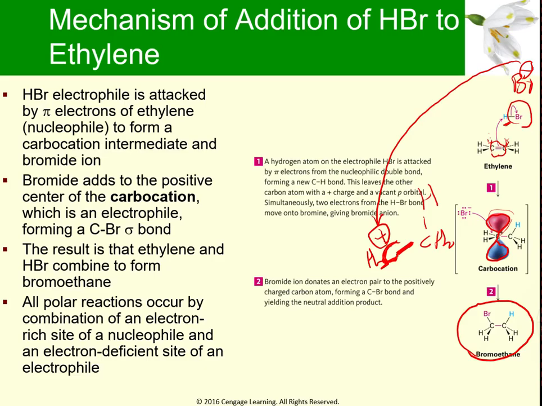And because the p orbital is empty, not occupied by electrons, that's why it likes Br minus, which is the electron-rich species. So this empty p orbital accepts Br minus, and the electrons in Br minus occupy this p orbital, changing into a sigma orbital, right? And makes the final product.